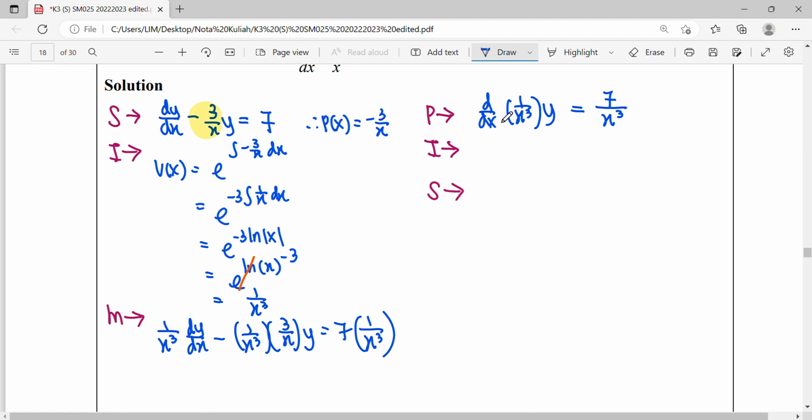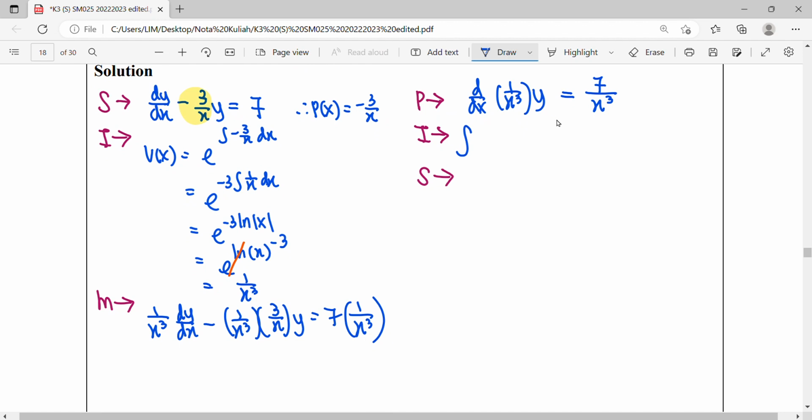Lastly, when we see this, we will integrate. When you integrate the differential equation, you get the solution y. So integrate both sides. So inside here remains the same thing.